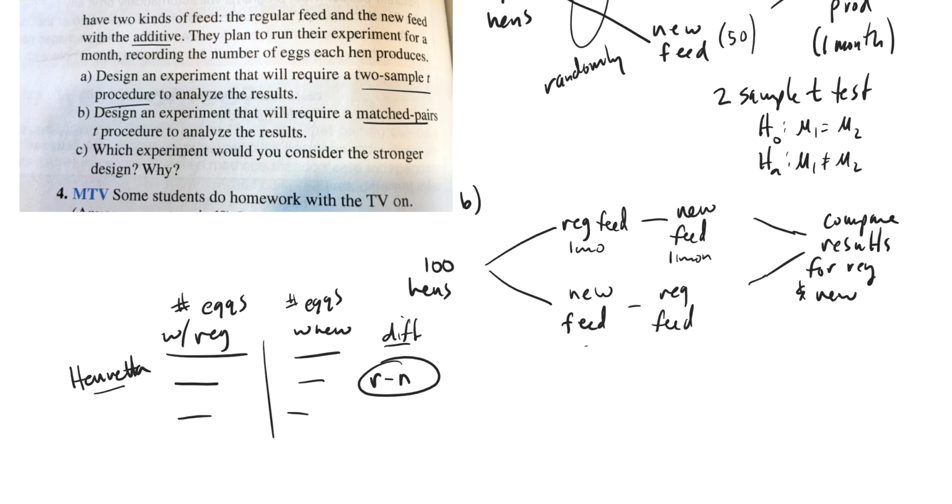Okay, by taking the new feed first, that still maybe in their system takes longer to get out, or maybe it affects egg production for a long time, or maybe it worsens it, I don't know. So by doing both, we're going to check to see, is there a difference between this group and this group separately? But individually, we're going to do a paired t-test. Okay, there we go.